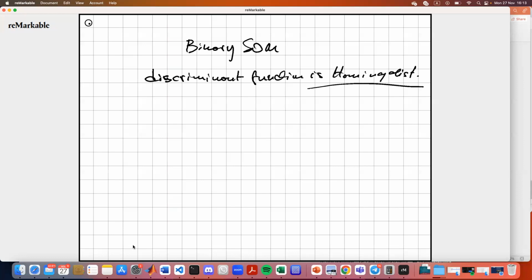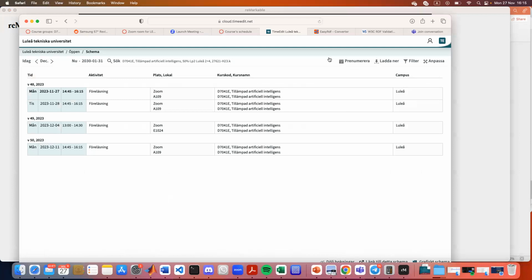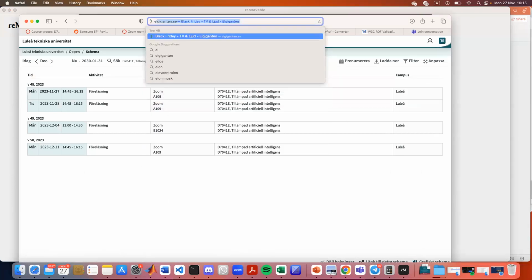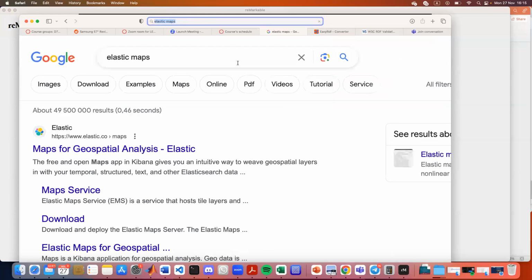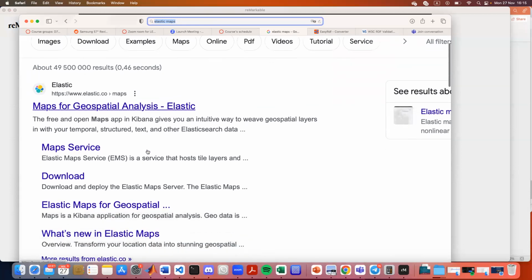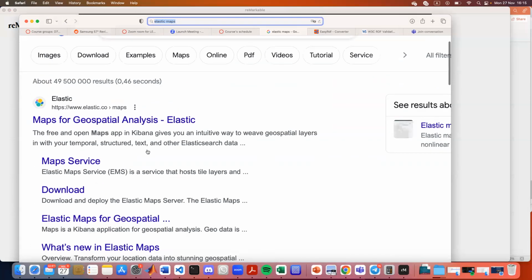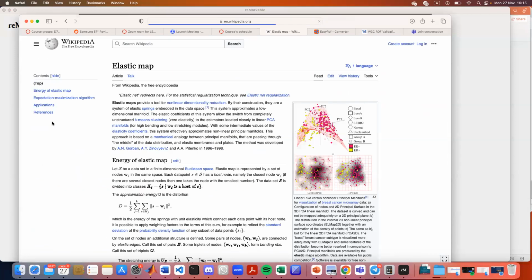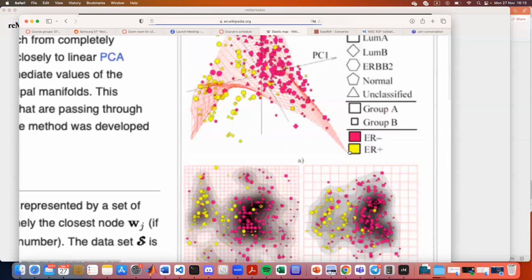And finally, with this I want to finish this class. I want to show you something called elastic maps. That's an interesting thing.